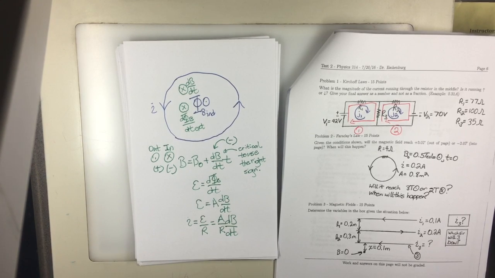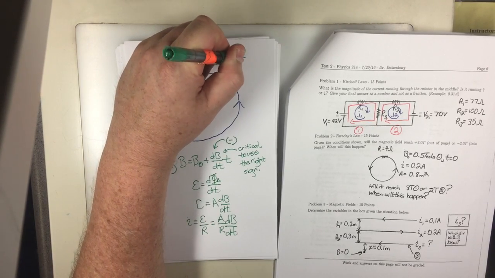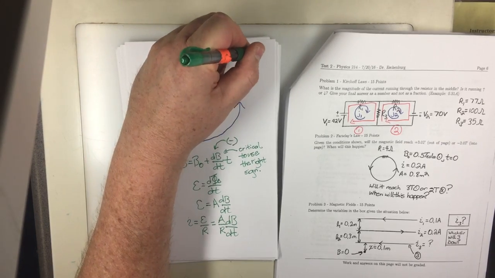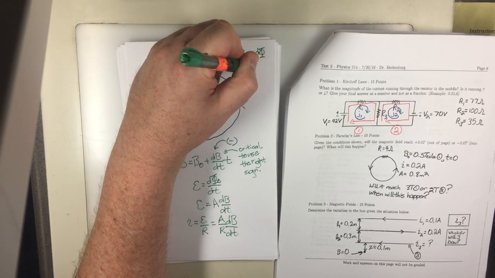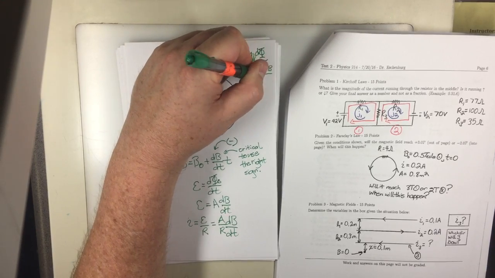Your question: once you determine which way the external field is, is it always parallel to dB/dt? The external dB/dt will always be parallel to dΦB/dt.